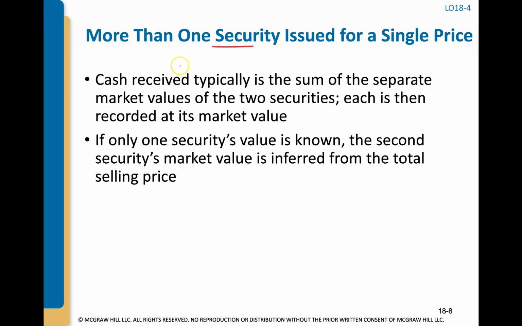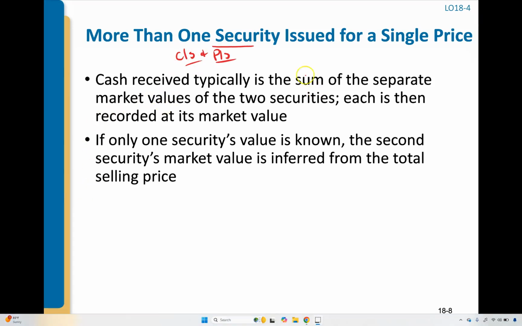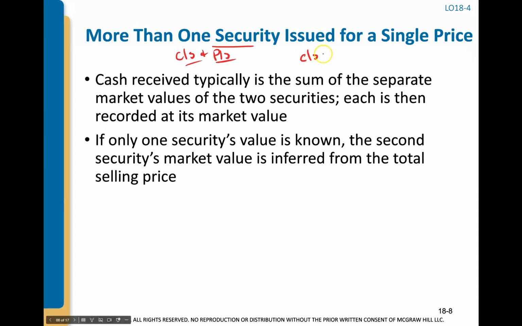Meaning they might issue common stock and preferred stock, or they might say, here's common stock class A, and we have common stock class B shares that we're going to issue you for this one piece of land or whatever it is. So two things can happen. If the cash received is the sum of the separate market values of the two securities, then each is recorded at market value.